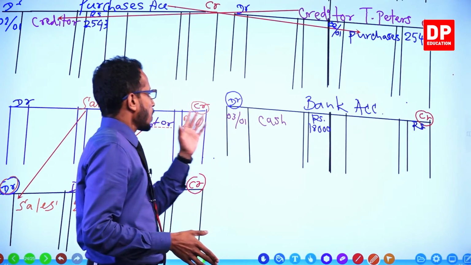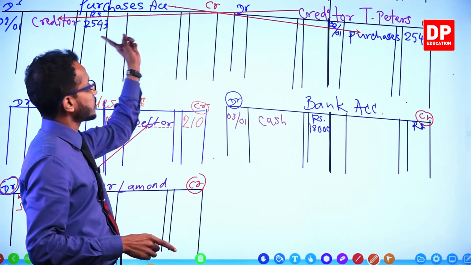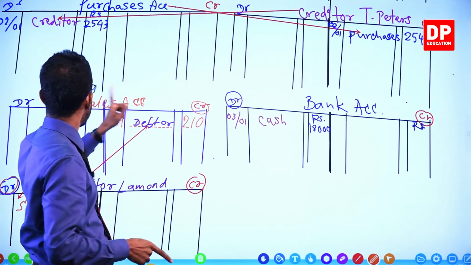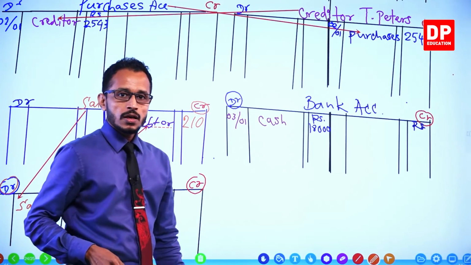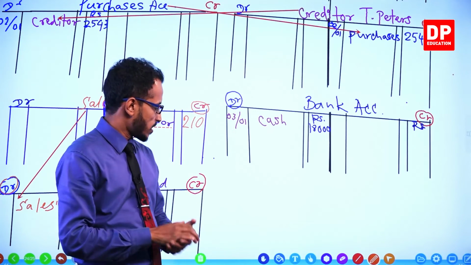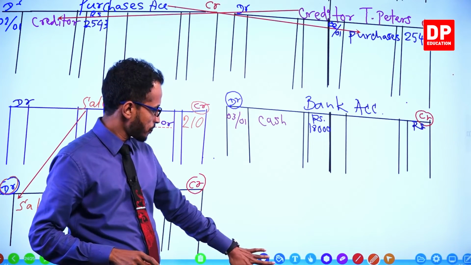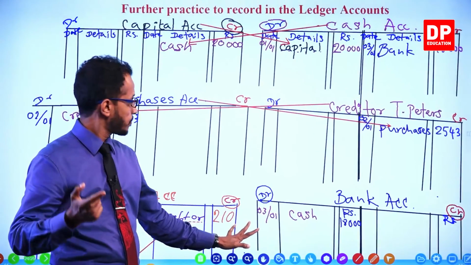Children, double entry accounts and recording the double entries are completed in this manner. I hope you understood everything that we did today.